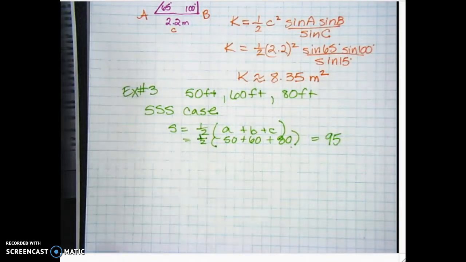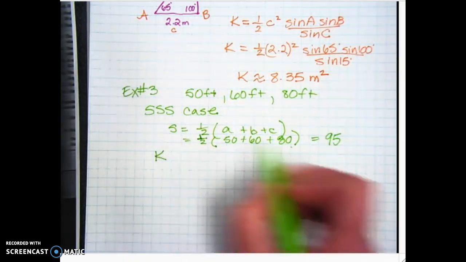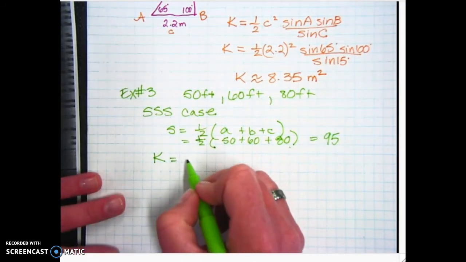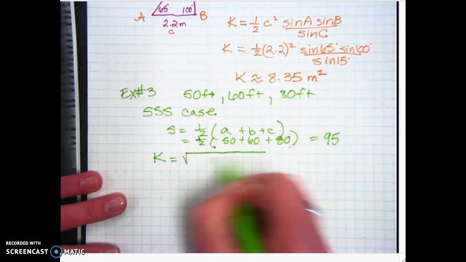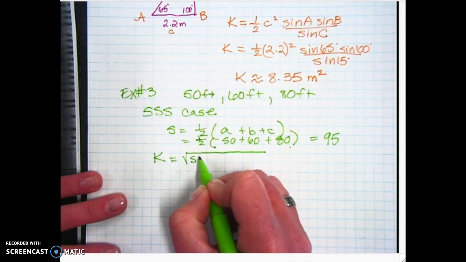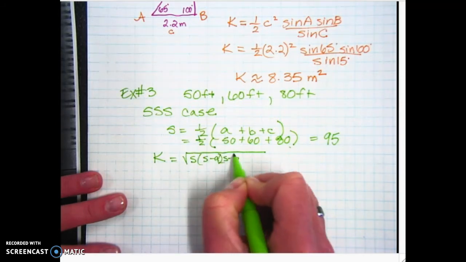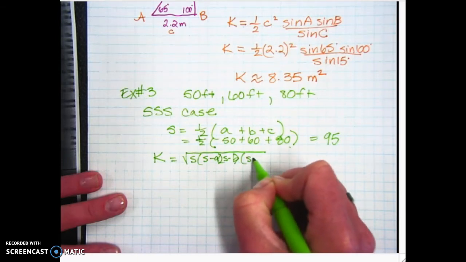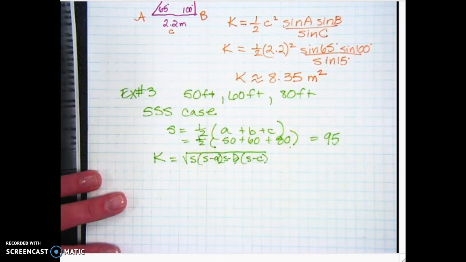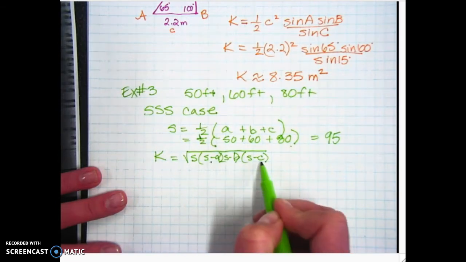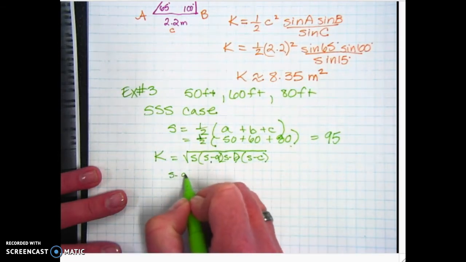Okay? Then, once you've got this S, you're going to plug it into Heron's formula, which is the square root of S times S minus A times S minus B times S minus C. So I'm actually going to solve for S minus A, S minus B, and S minus C first. Then I'm going to plug it in.